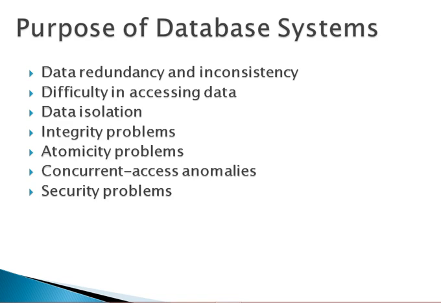Okay. Next is data isolation. Third point is data isolation. What do you understand by data isolation? Data isolation means data are scattered in various files and files may be of different formats. Let's take one example. Suppose I want to store a date of birth.